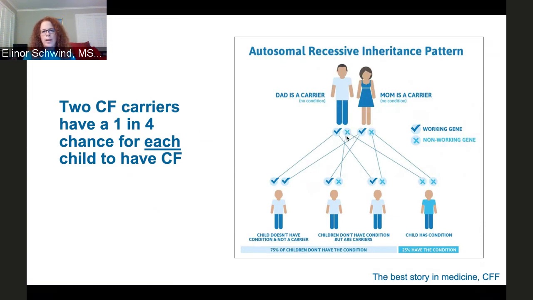Their children will inherit the working copy of CFTR, or the one with a misspelling, from each parent, with a total of 4 equally likely possibilities for each child. Starting from the right, the child has inherited the non-working CFTR from each parent and has cystic fibrosis. Or a child could inherit dad's working copy and mom's variant and would be a CF carrier like mom.